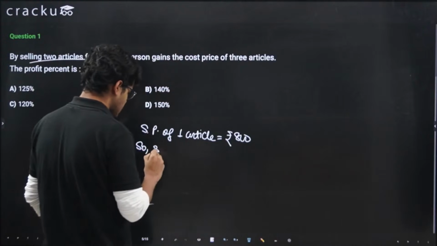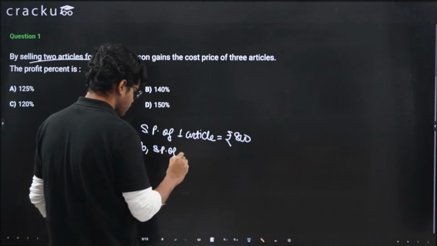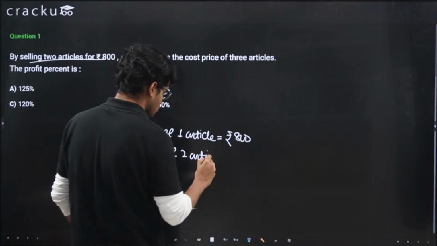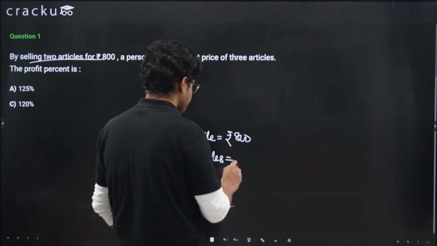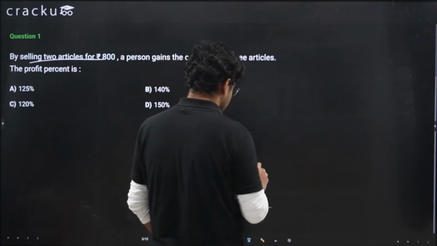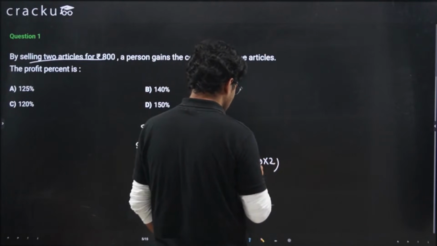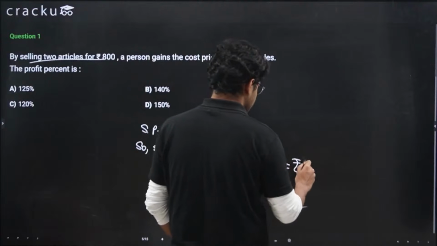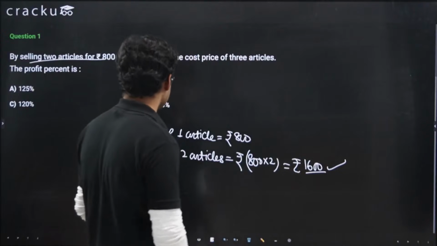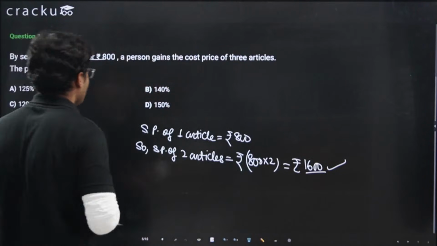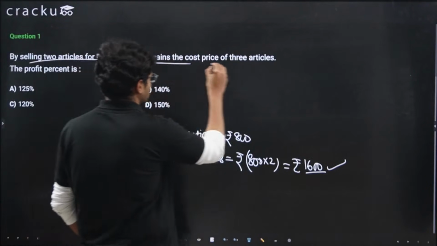So SP of 2 articles equals 800 into 2, which is rupees 1600. This is the selling price of 2 articles.